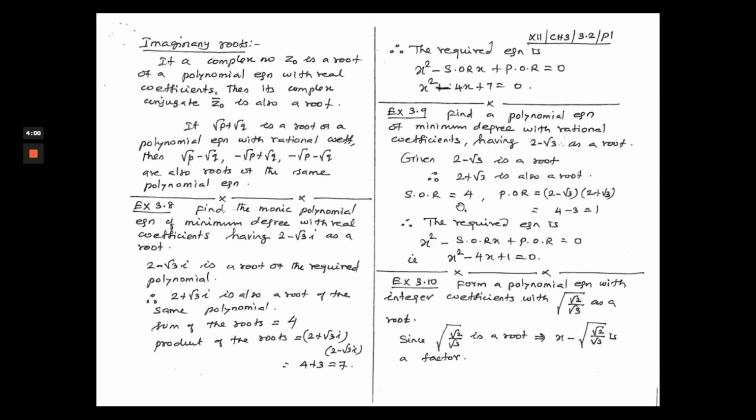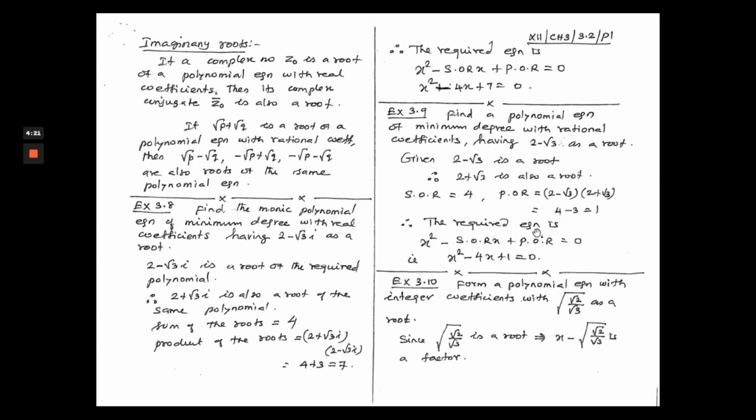Sum of the roots: plus root 3 minus root 3 cancel, 2 plus 2 is equal to 4. Product of the roots is 2 minus root 3 into 2 plus root 3. So 4 minus 3 is equal to 1. Sum of the roots is 4, product of the roots is 1.